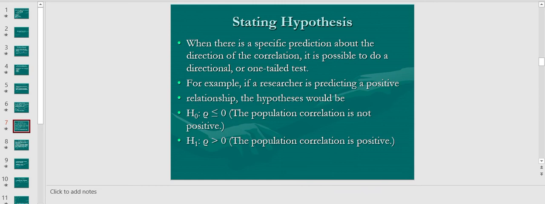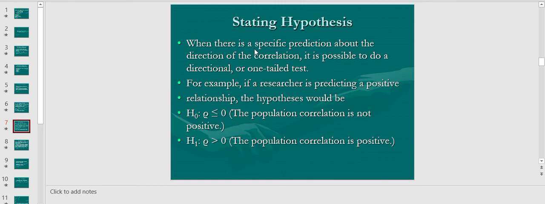For a directional test, a positive value for the sample correlation would tend to refute a null hypothesis stating that the population correlation is not positive.